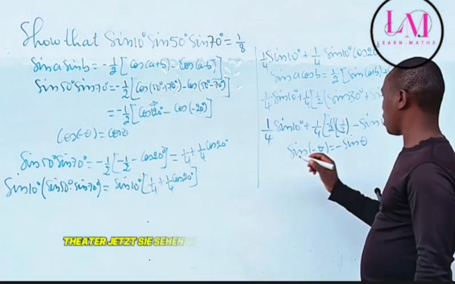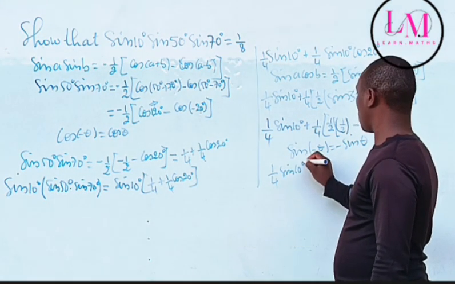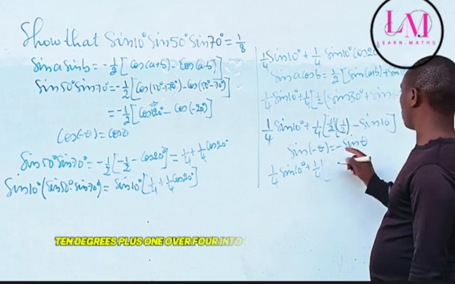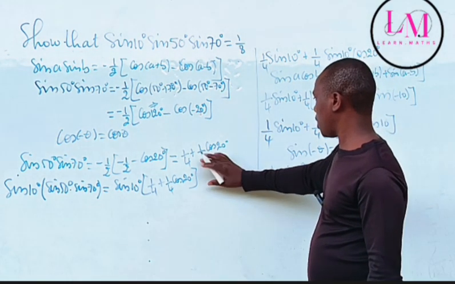Now you see we have 1 over 4 times sine of 10 degrees plus 1 over 4 into this, where here is a half and here is a half.